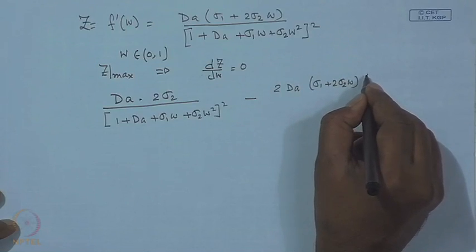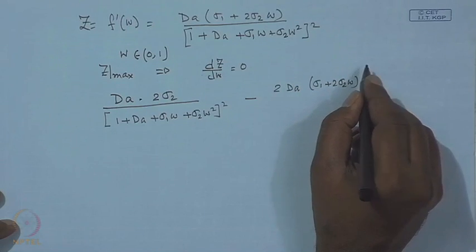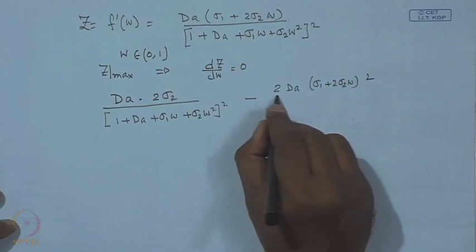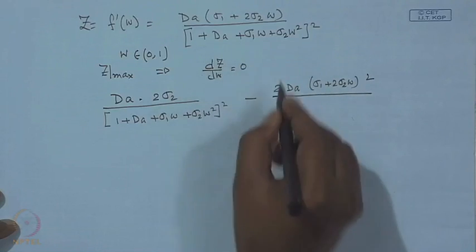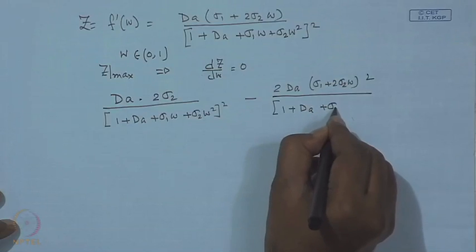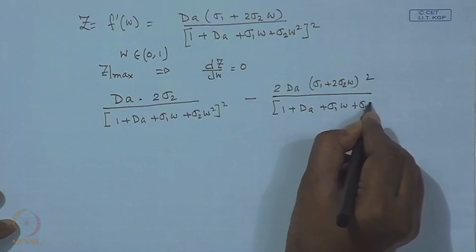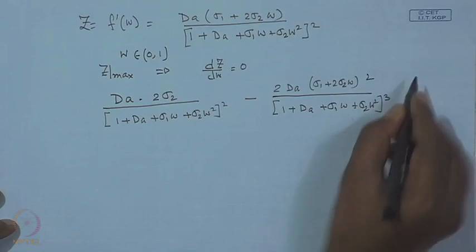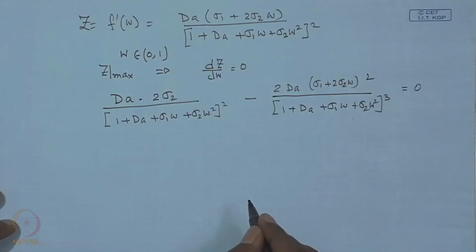So, this becomes square of that, divided by the cube of 1 plus dA plus sigma 1 w plus sigma 2 w square, cube of that, which should be equal to 0.